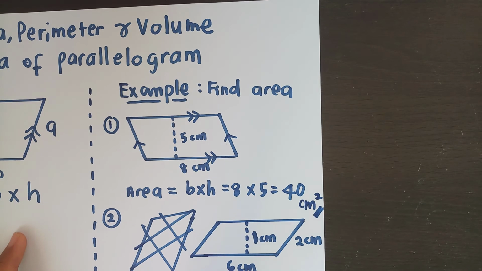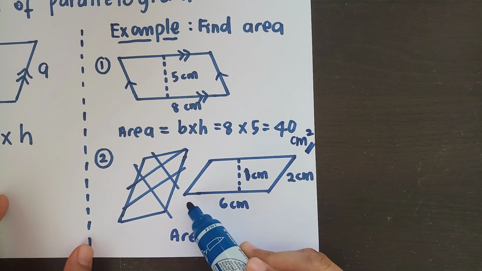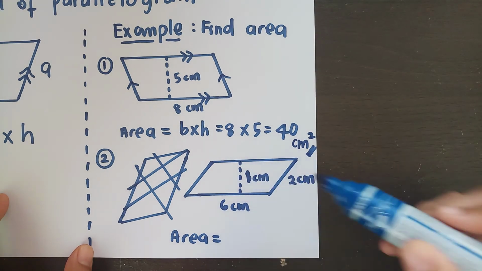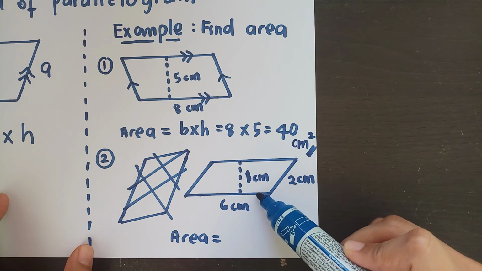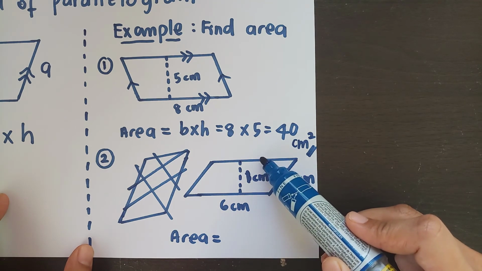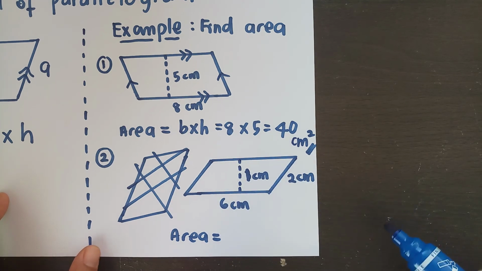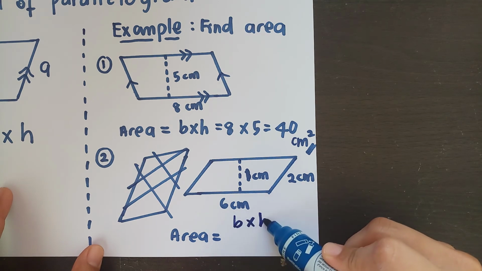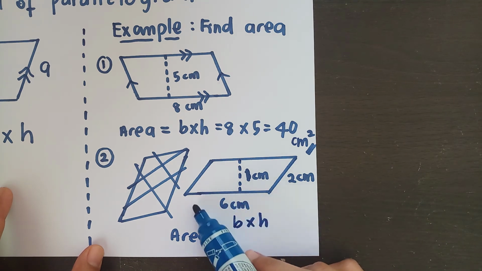Okay, second example. I have 6, this is 2, this is 1. Is this a parallelogram? Yes, because that side is parallel to that side, and that side is parallel to that side. What is the formula again? Formula is just base times height. So which one is the base? That one is the base.